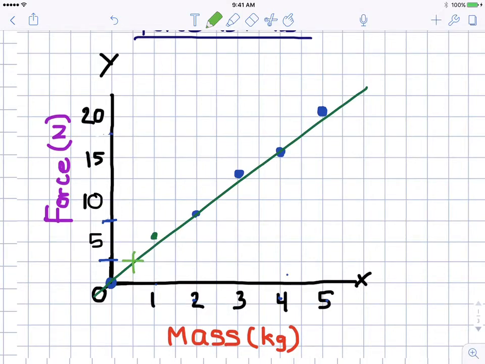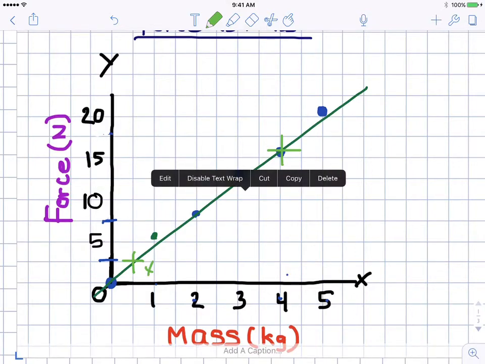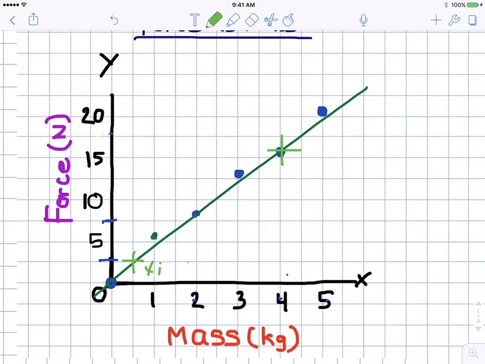And why don't we pick one that's actually right on the line, and we can use that. That's an actual data point. All right, so this is my x1, y1. And this is my x2, y2.